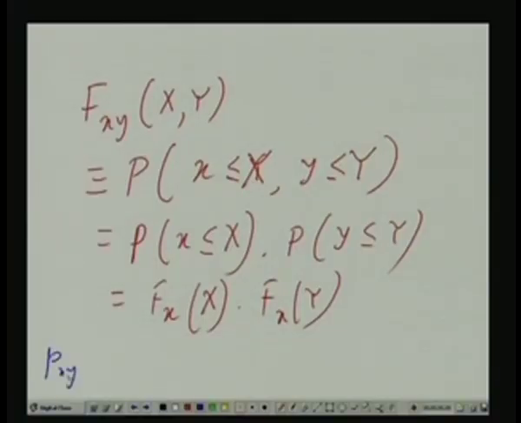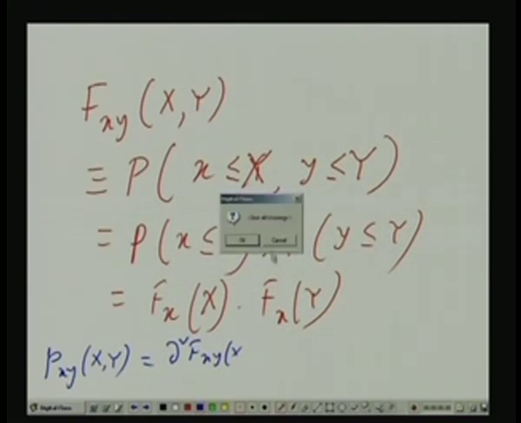After all, what is probability density? P x y at capital X, capital Y is nothing but, or let me just simplify the notation.